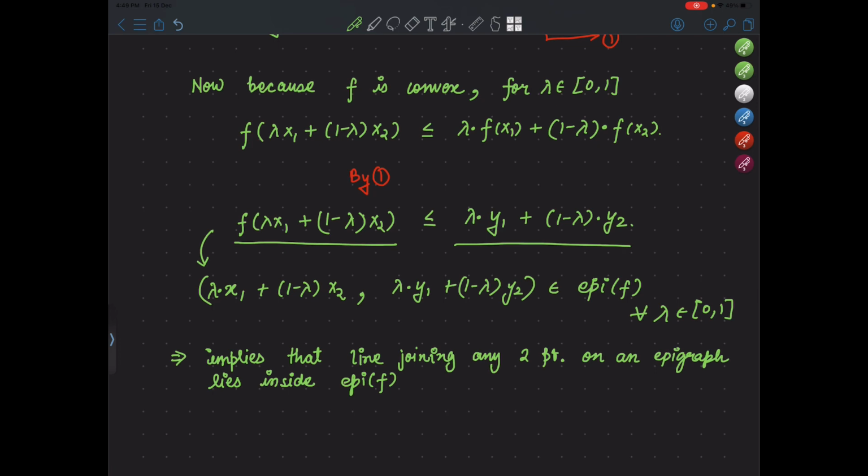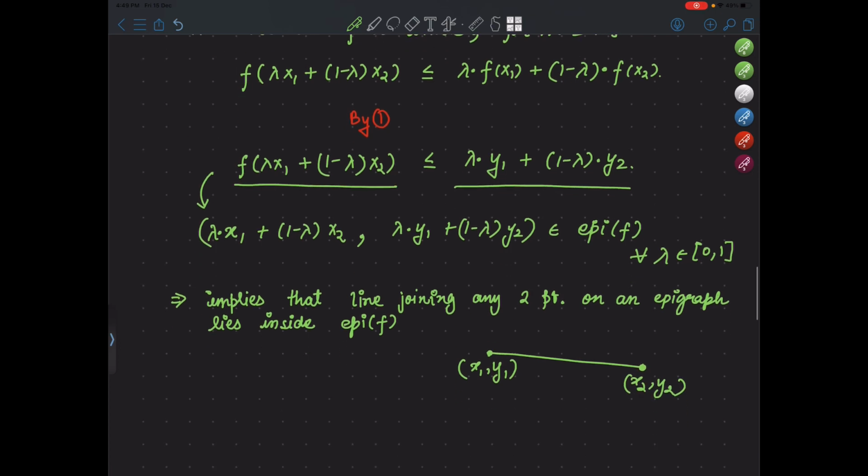So what this says is that if I have 2 points (x1, y1) and (x2, y2) in the epigraph, any point on this line, which is represented by (lambda x1 plus (1 minus lambda) x2, lambda y1 plus (1 minus lambda) y2), lies in the epigraph, and this is true for any (x1, y1) and (x2, y2) in the epigraph.